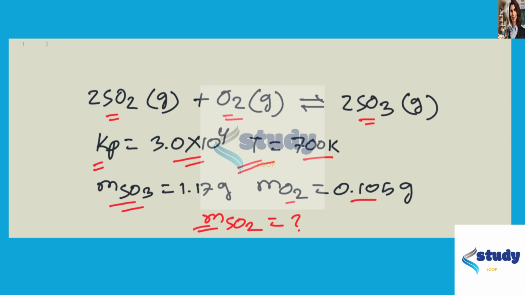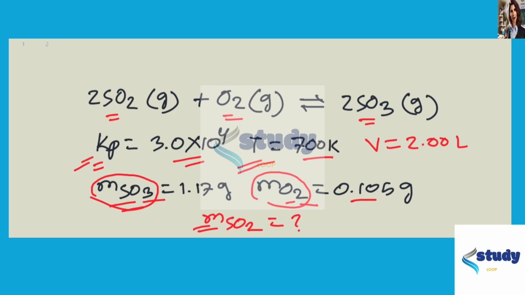dioxide. So first we have to convert these masses into the number of moles of sulfur trioxide and oxygen, and from there, using the volume of the solution, which is given as 2 liters, we can find the equilibrium concentrations of sulfur trioxide and oxygen. Then we have to find the equilibrium constant in terms of molarity using the equilibrium constant in terms of pressure.